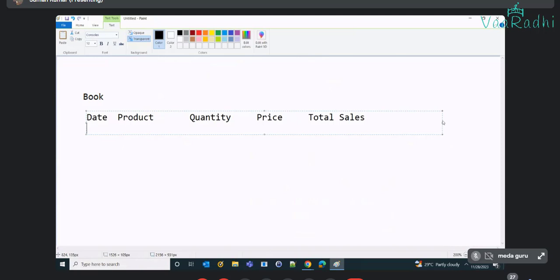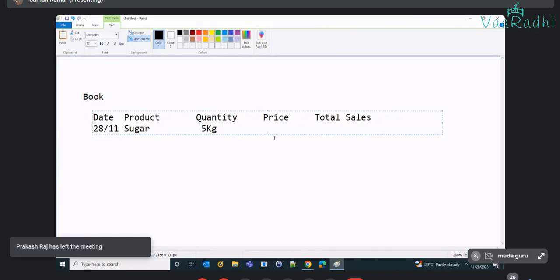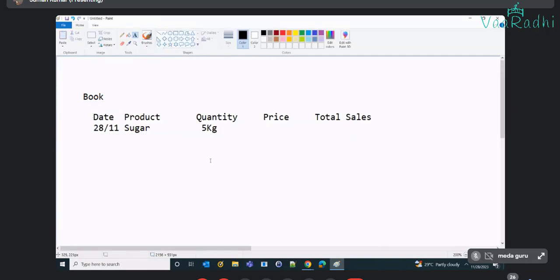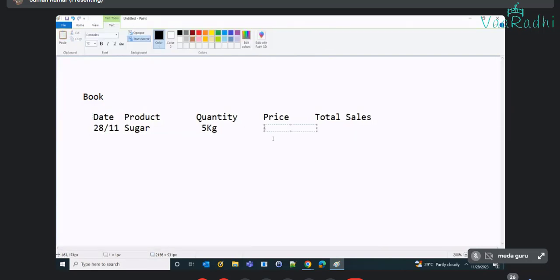If I say, okay, 28th November, product sugar, quantity is 5 kg, and price is 40 rupees, and what will be the total sales now?